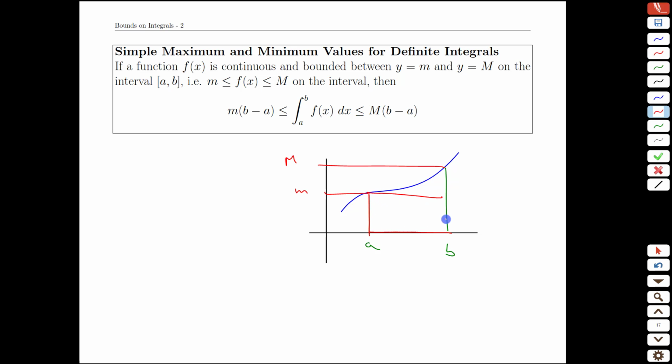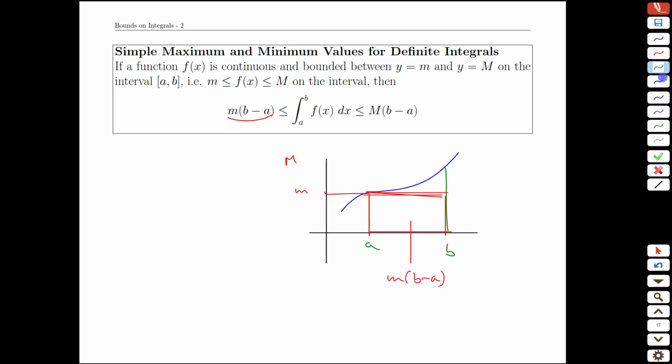We can bracket on the bottom end by saying, well, the area under the graph of f of x is certainly going to be larger than taking the smallest value of f and making a rectangle out of it. That would be m times b minus a as an expression. Width times height. And so that's how we get that formula there.